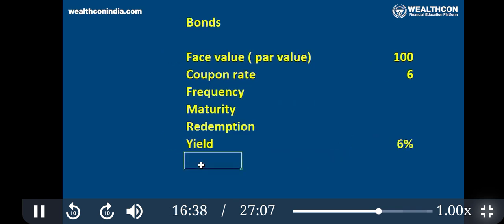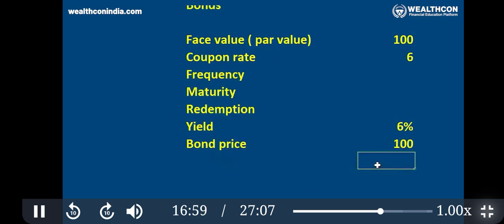Next, bond price. After issuing the bond in the primary market, where investors buy the bonds from the issuer, that bond is traded on the security market or stock exchange, and it is traded like shares only. So although face value is 100, bond price may go up and down.